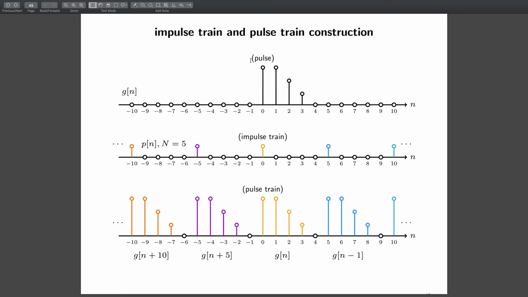And then if you convolve this basic pulse with this train of impulses, we can construct a periodic signal whose every period is basically a duplicate or a copy or replica of this basic pulse. And so we can construct periodic signals by convolving a basic pulse, a non-periodic pulse, with a periodic train of impulses.